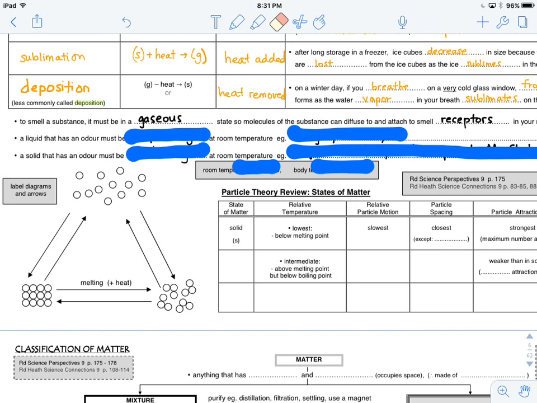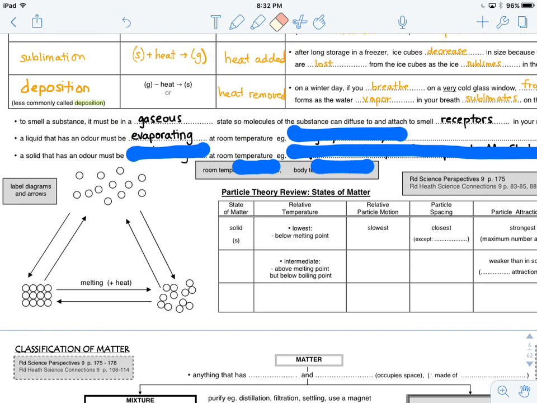There's some interesting consequences to this. If a liquid has an odor, if you can smell a liquid, that means that it must be evaporating at room temperature.